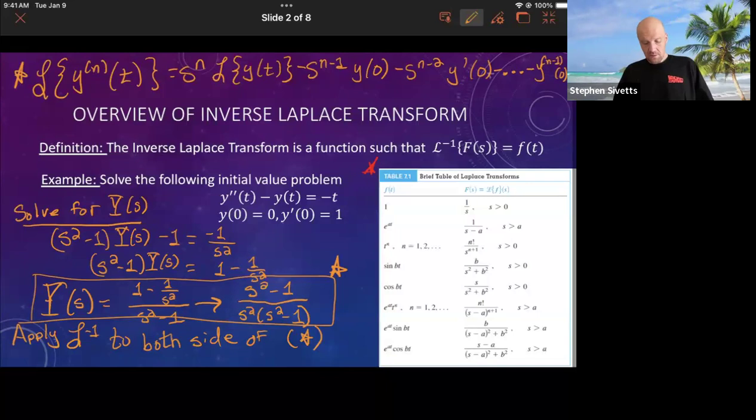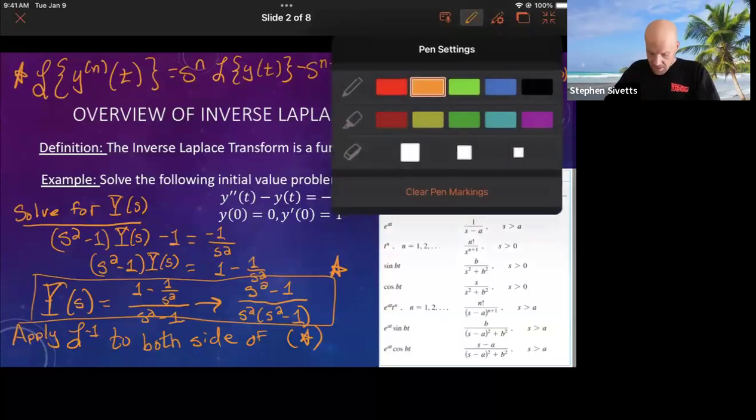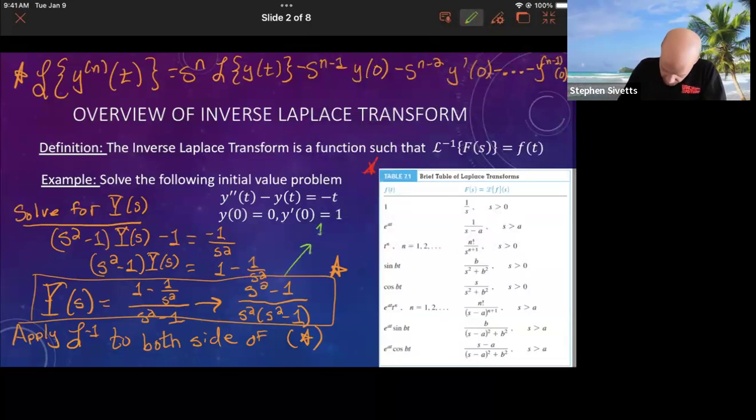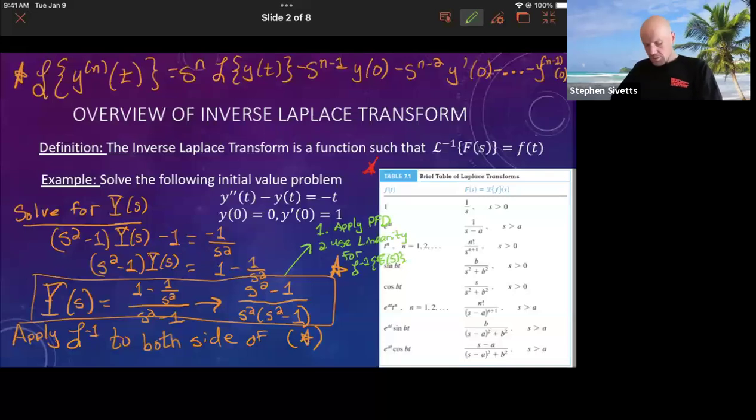So to find the general solution in this case, from this point forward, first apply partial fractions decomposition, and then second, use linearity for the inverse Laplace transform of capital F of S. It will be best if I review a bit on partial fractions decomposition.